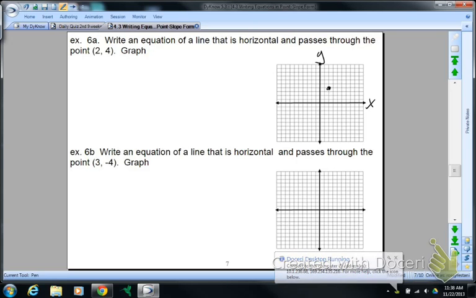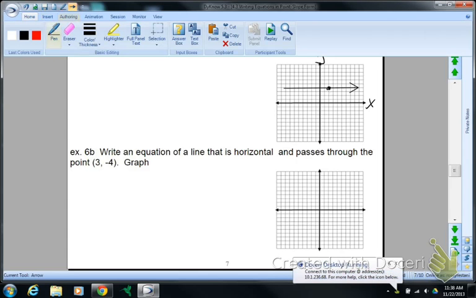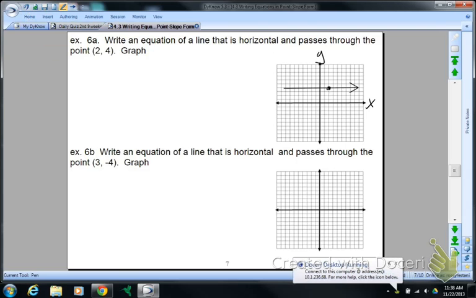And a horizontal line goes this way, correct? So it goes like this. Do y'all remember? What is the slope of a horizontal line? The slope is 0.